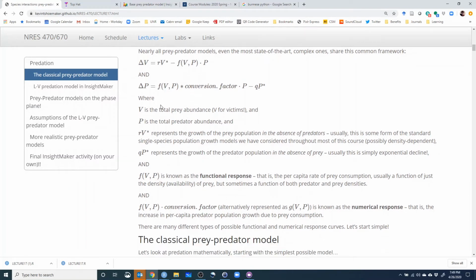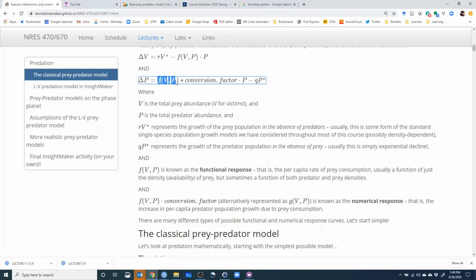All right, and this term here is just the functional response. That's the number of prey consumed per predator per time step. And if we multiply that by the total number of predators, we get the number of victims consumed. But we have to multiply that by a conversion factor if we want to convert the number of victims consumed into the number of new predators produced.